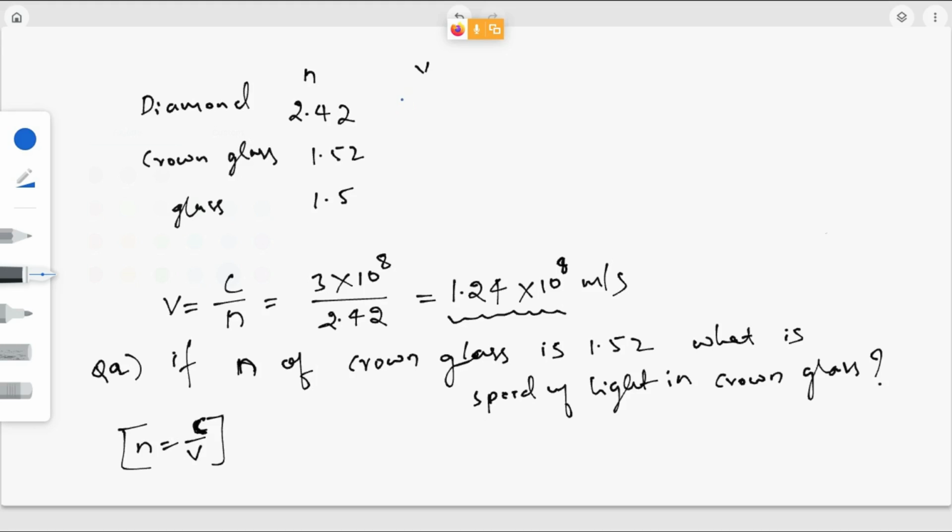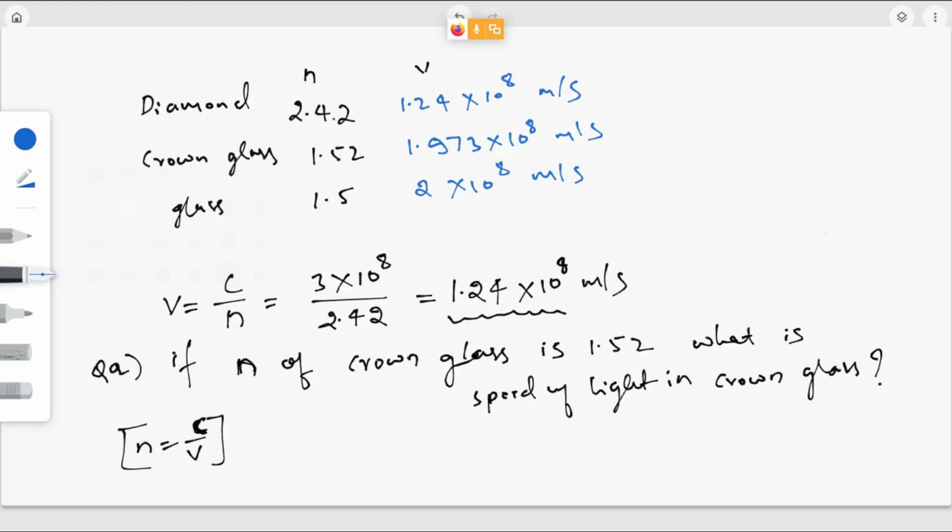Sir, 1.2 into 10 raised to 8 meter per second. Very good. And what about the speed of light in crown glass? How much did you get? 1.97 into 10 raised to 8. You can take this one as 2, but let me take it as 1.973. What was the speed of light in glass? 2 into 10 to the power of 8 meter per second.